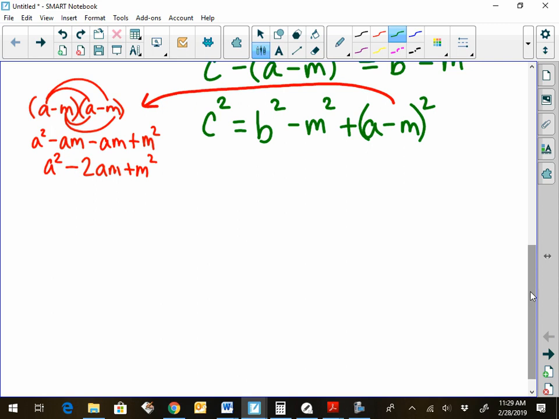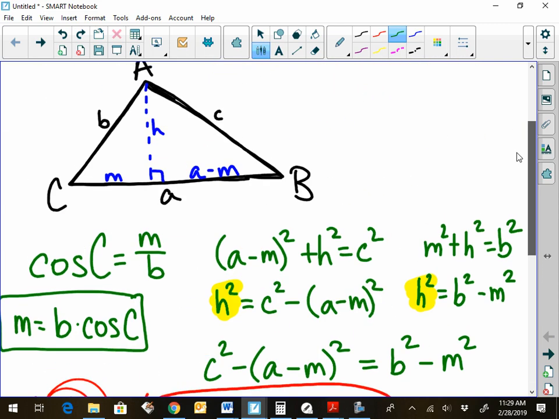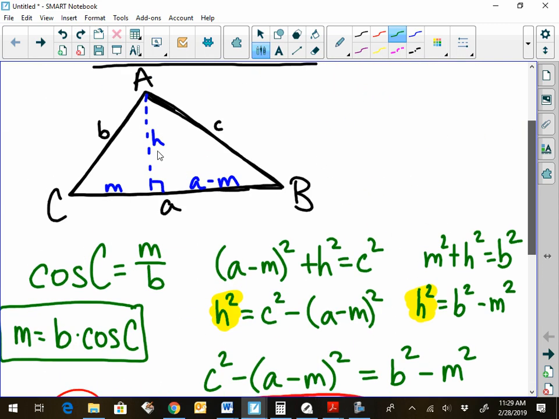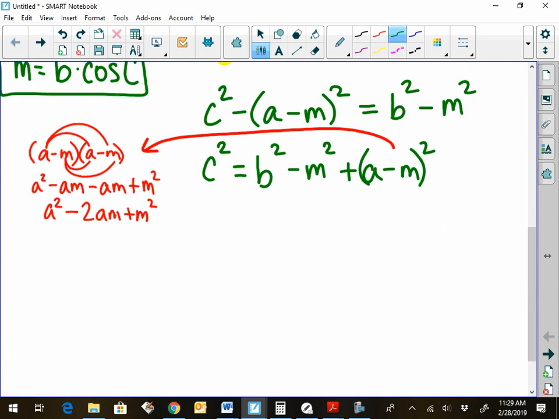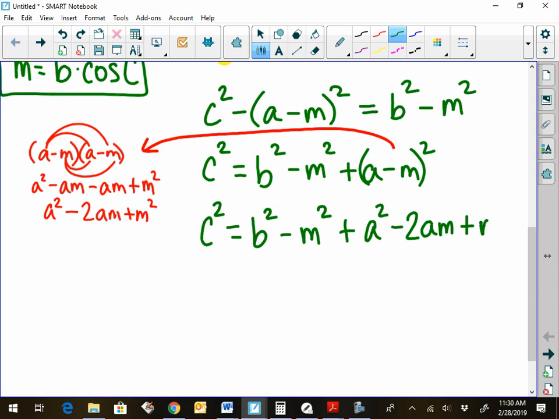At the beginning, we had everything in terms of a's, b's, and c's, and then we added all these in. So we're trying to now get rid of the m's and the h's, and just have a's, b's, and c's in there. Let's see what we have now. We can write this as c² equals b² minus m² plus what I FOILed this to: a² minus 2am plus m².